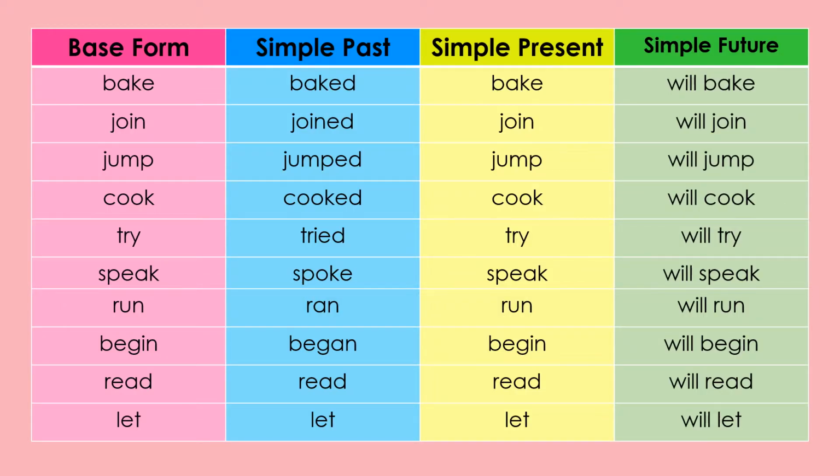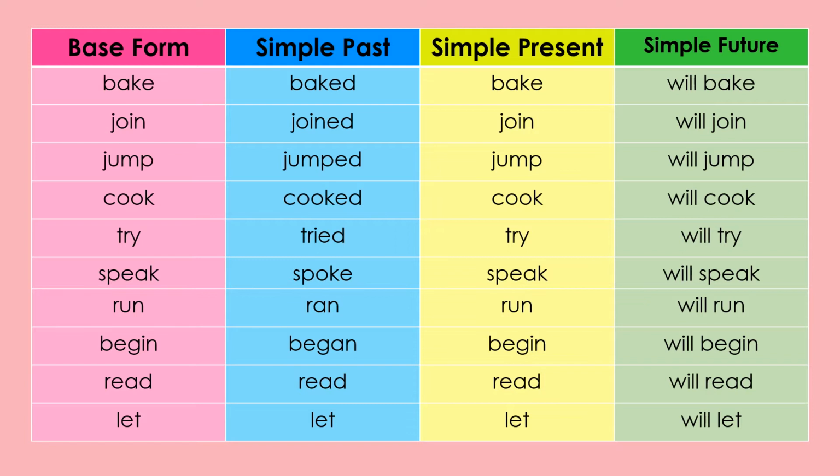Take a look at this table and study how verbs are formed. As you can see, the table shows the base form of the verb, the simple past tense, simple present tense, and simple future tense. For most verbs, we add -ed to the base form of the verb to form its simple past tense. Simple present takes the base form.